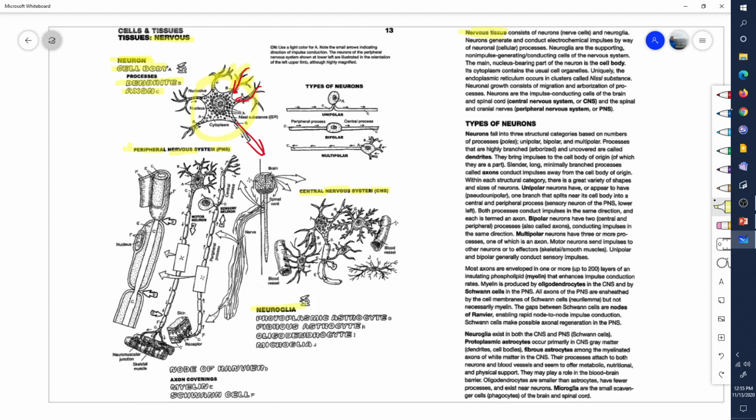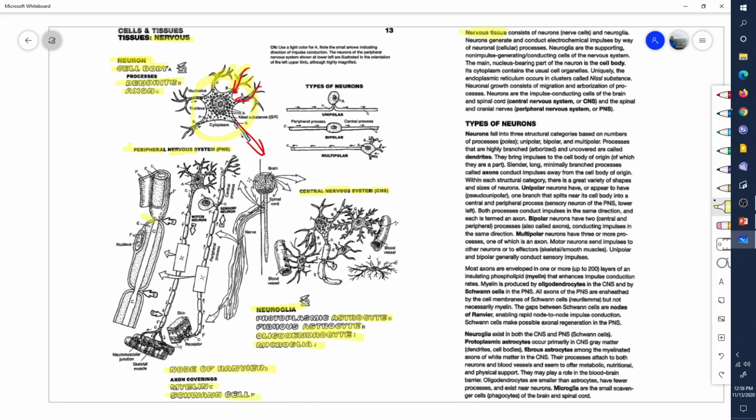Neuroglia are the support cells of the nervous system: astrocytes, oligodendrocytes, and microglia. Another term we'll learn is the nodes of Ranvier. Obviously a guy named Ranvier was the first guy to find that node. And we'll talk about what covers the axons, myelin and Schwann cells.